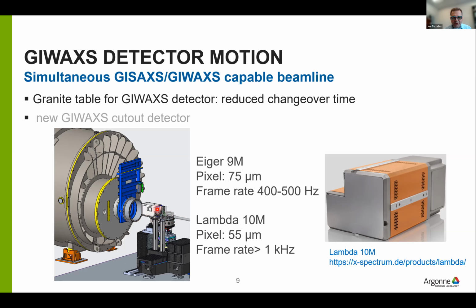But we'll be able to, with a cutout detector, fit that around that vacuum tube. And then different commercial options exist. So either there's an Eiger style detector that we could get, or from X-Spectrum, there'd be a Lambda style detector with even smaller pixels and a faster frame rate. So these are our options that we hope to bring to the beamline pending approval of the scope.